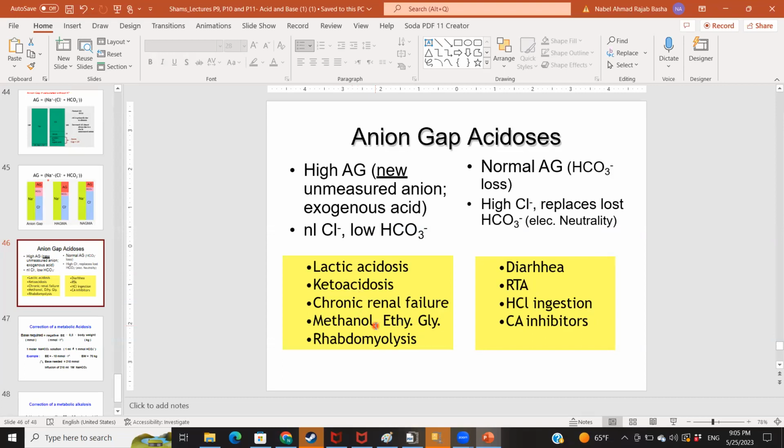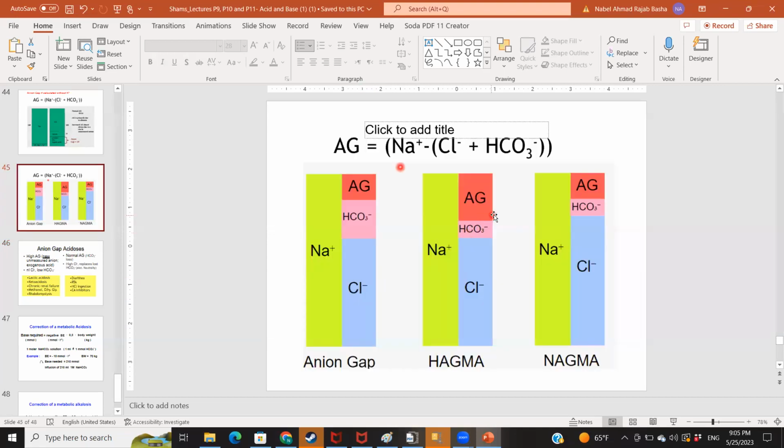So let me explain again. For example, if I have lactic acid, in lactic acidosis, I have lactic acid. Lactic acid is an acid, so it will take over here, and it will cause bicarbonate to decrease in number. At the same time, chloride is not going to increase, because lactic acid itself is maintaining the electron neutrality.